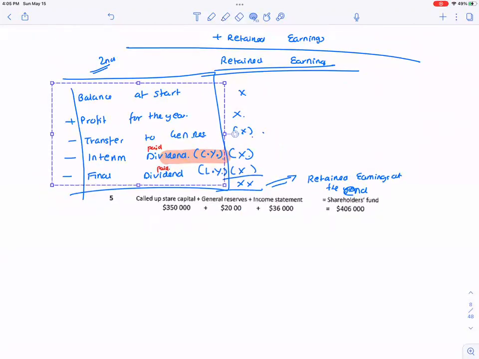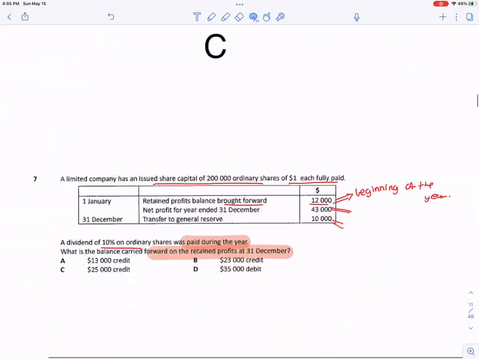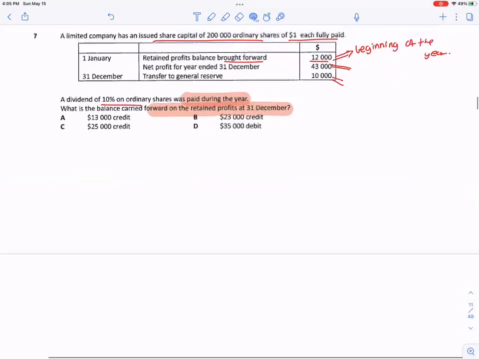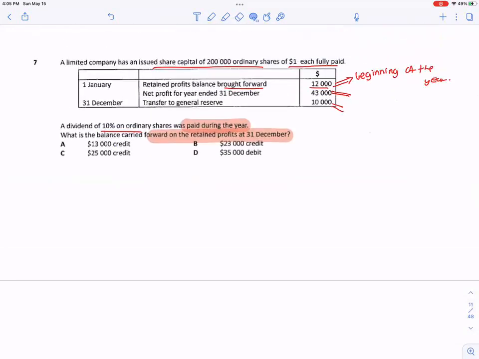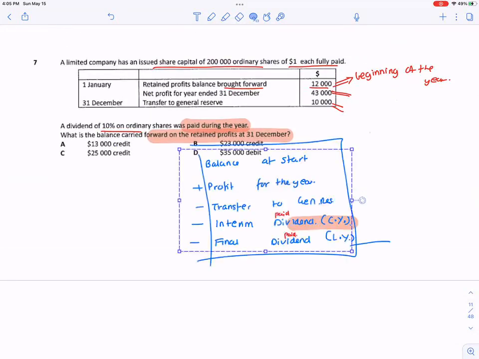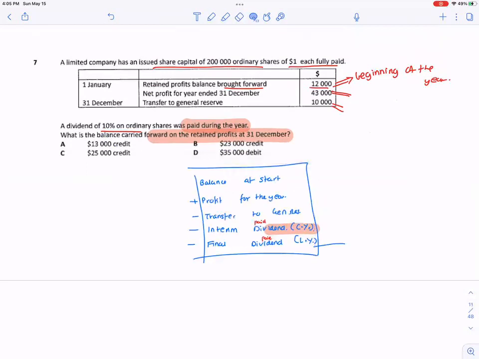Learn that format, use that format, and give the retained earnings at the end of the year. This format is very important.